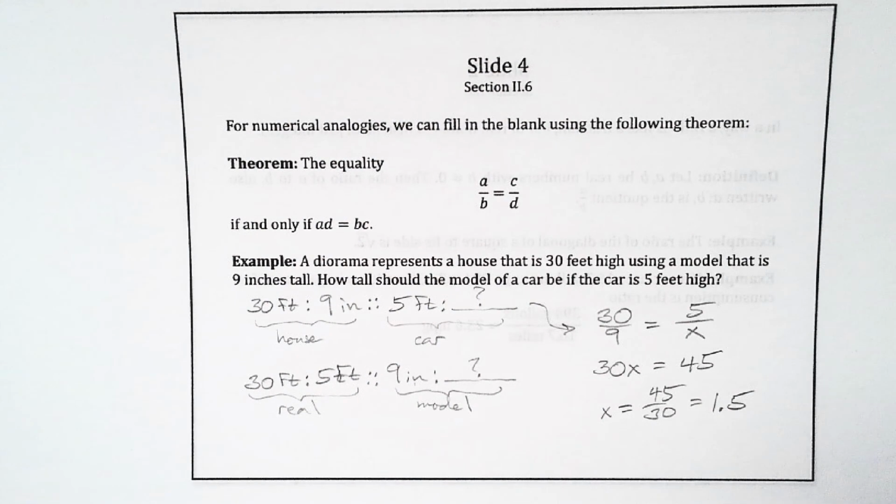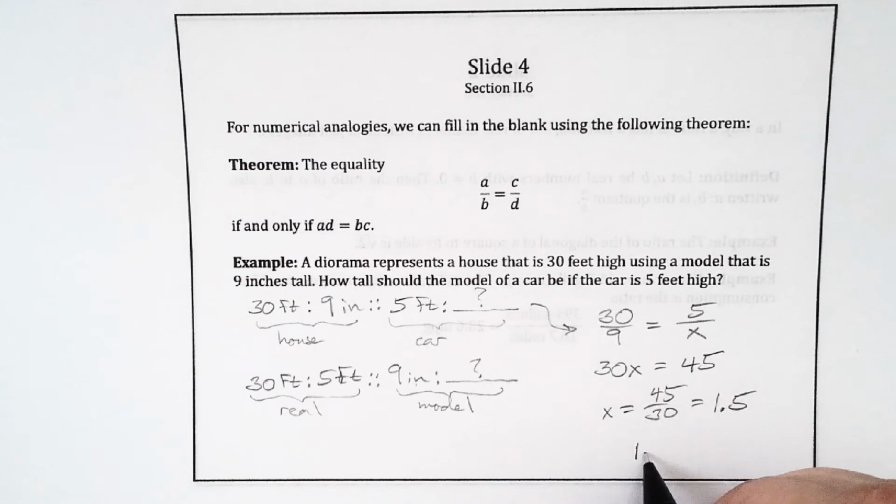So the car should be 1.5 inches high. So, just knowing how one real object compares to the model tells you how everything else relates. Okay, and that is a relationship that is known as proportionality, which we will talk about in the next mini lecture.